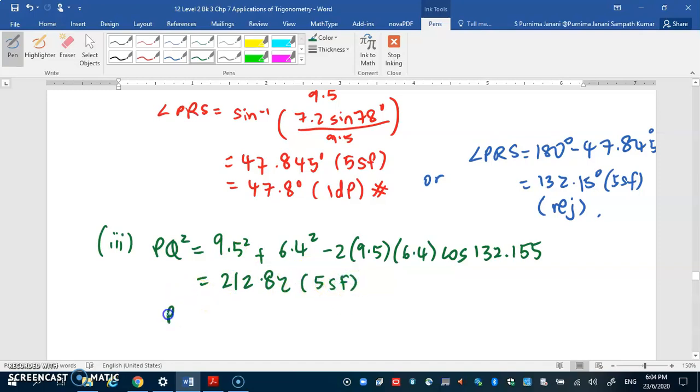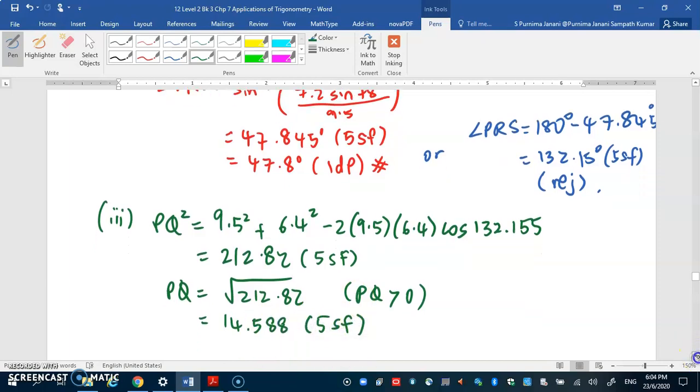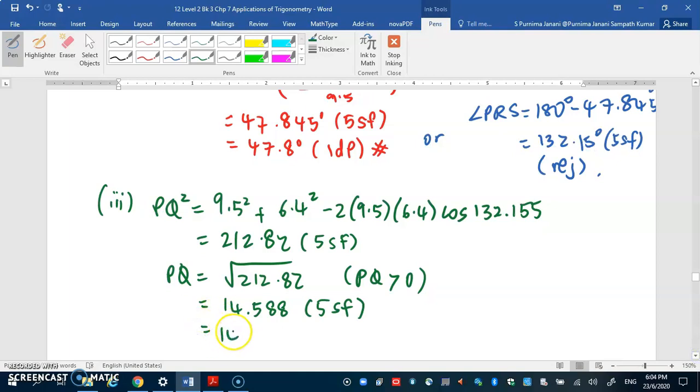Then to find PQ, you will just take the square root of that, and you must write down PQ more than 0. So take square root of that, answer is 14.588 to 5 SF. But final answer should be to 3 SF, 14.6 meters. Very nice.